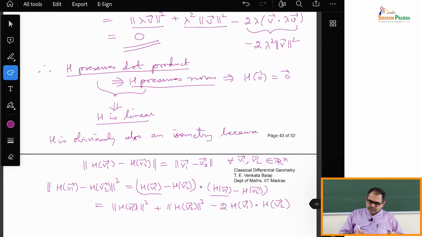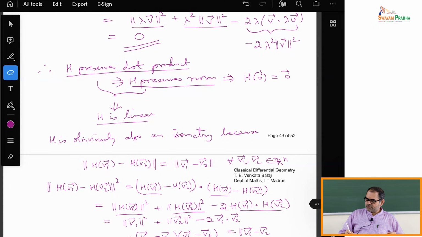Okay, but you see this is the same as norm V1 squared plus norm V2 squared minus 2 V1 dot V2, and here in the first two I am using the fact that H preserves norms, and in the second one I am using the fact that H preserves dot products. But this expression here is actually V1 minus V2 dot V1 minus V2 if you expand it, and that is the same as norm of V1 minus V2 squared.